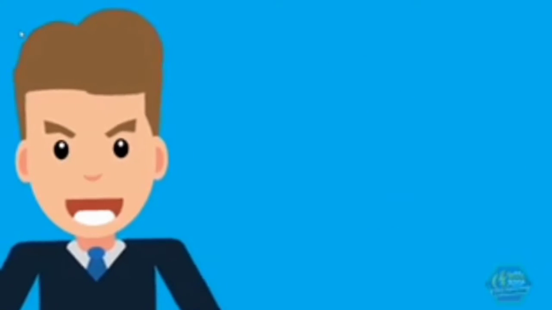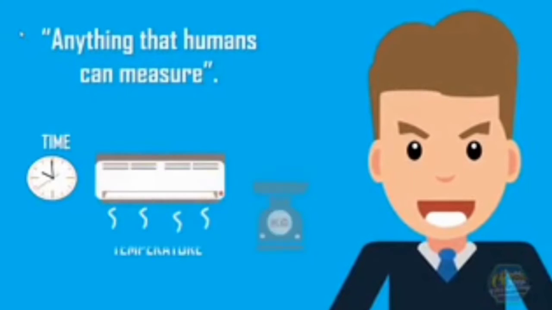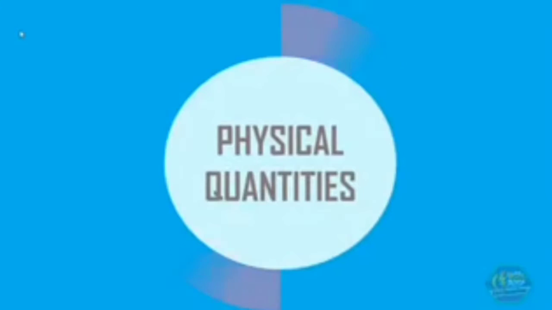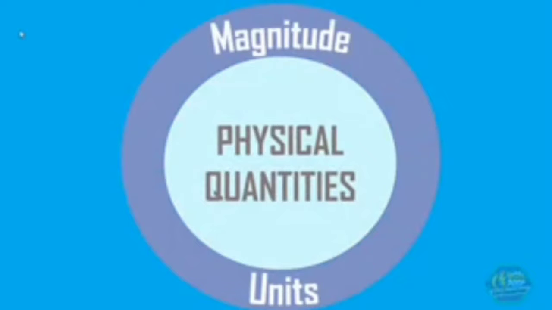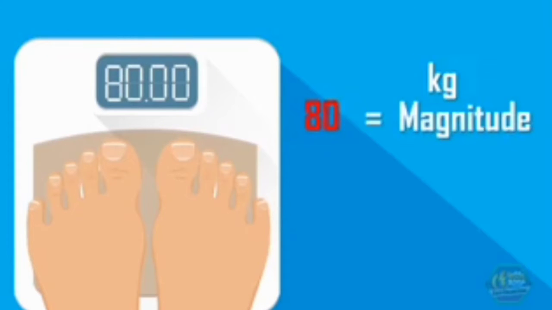Let me tell you more about physical quantities. So, what are physical quantities? We can define this as anything that humans can measure. Bear in mind that every physical quantity has two important parts, namely, its magnitude and unit. Going back to the example I gave previously, the first example was, I am weighing 80 kilograms. 80 is a numerical value, so this is the magnitude, and kilogram is the unit.